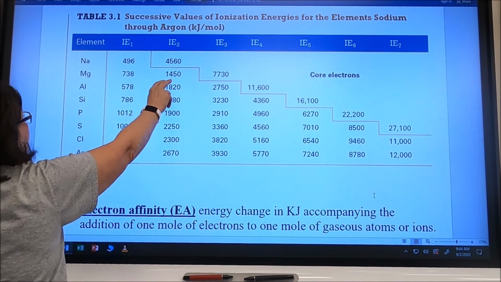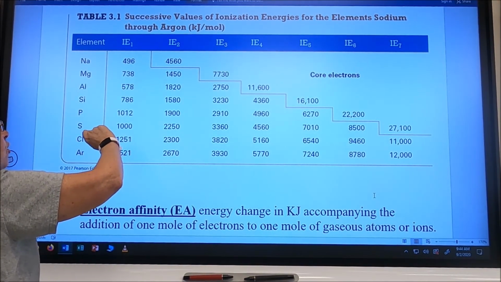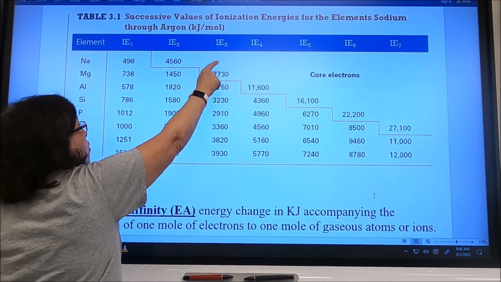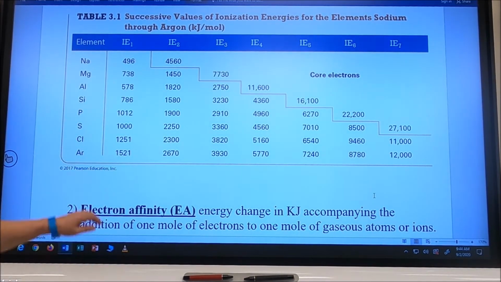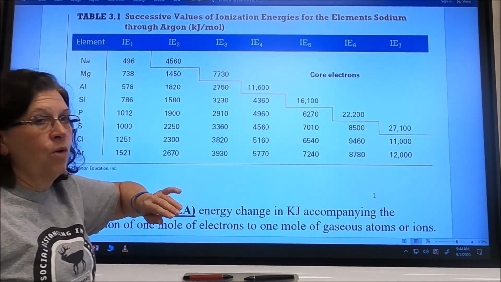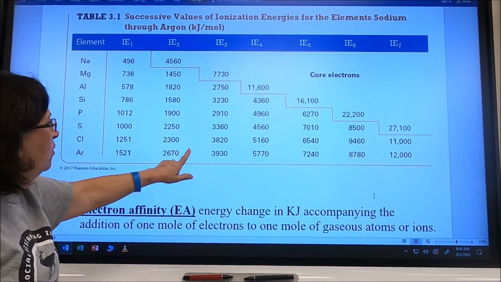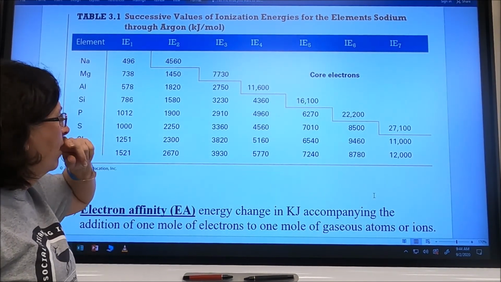Magnesium has 2 valence electrons. You can see the second electron was more expensive than the first, but that third one's ridiculously expensive. Aluminum has 3, and you can see how it goes up. When I get to the fourth one, which is in the core, it skyrockets. So you can see every successive electron gets harder.